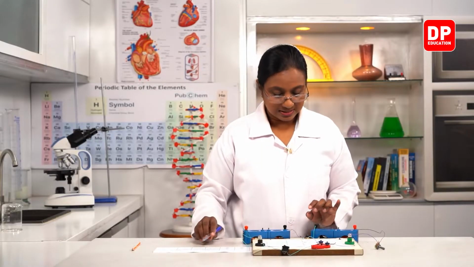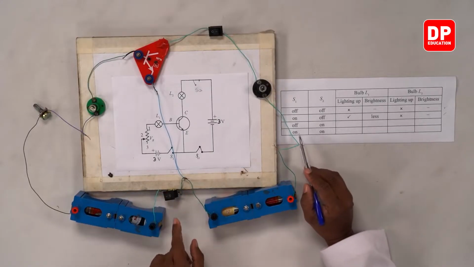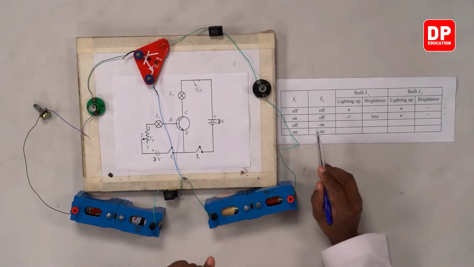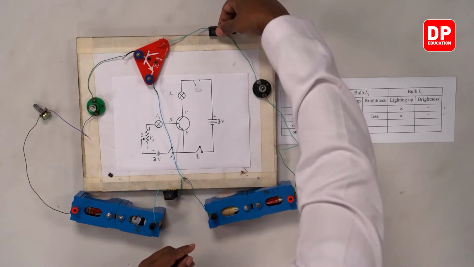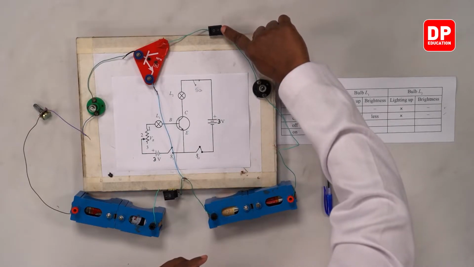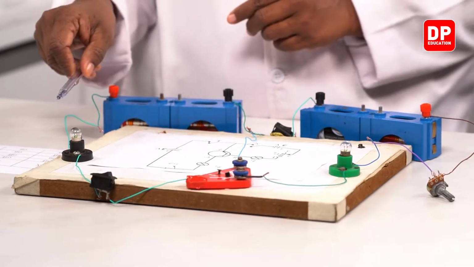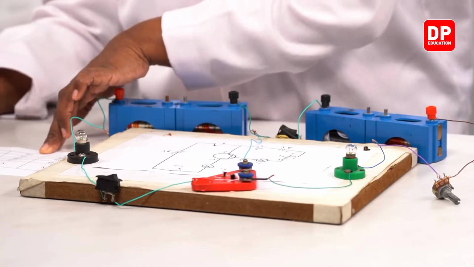Now, the third instance, I will switch off S1. Here see S1 is off. Now, S2 should be turned on. So, I'll turn on S2. Now, here you can see S2 is on. But can you see any bulbs lighting up? No. Both the bulbs do not light up.